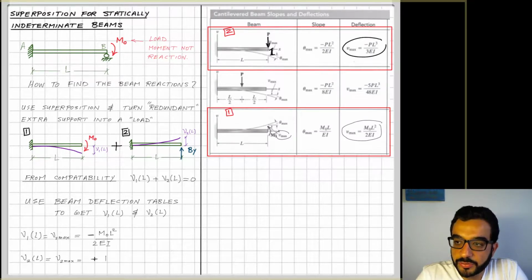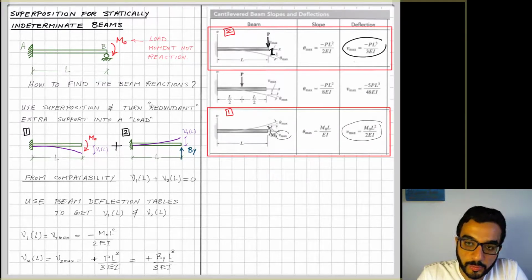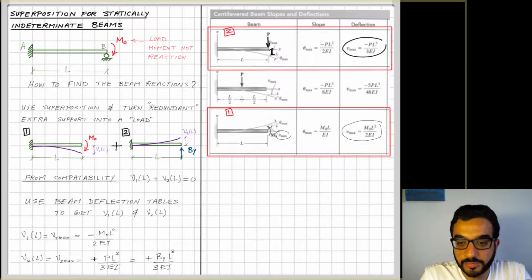The third row in the table matches with the first load case, and the first row matches with my second load case. One thing to pay attention to is to match the look and the direction of the load case. So for example, the first load case, where there is a point moment M0, in my real life problem, M0 goes clockwise, but the table shows M0 to go counterclockwise.